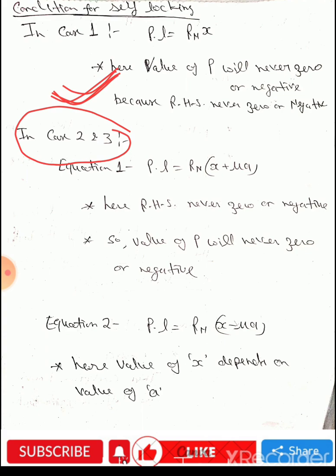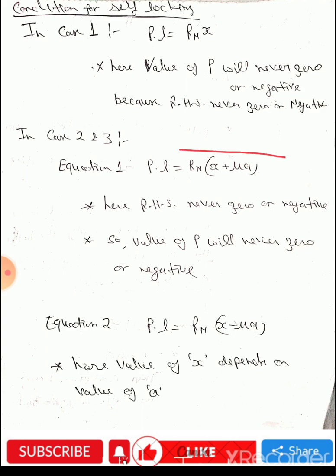Case number 2 is when the line of action of the tangential braking force is at a distance below or above the fulcrum point O. In case 2 or 3, we obtain two conditions.